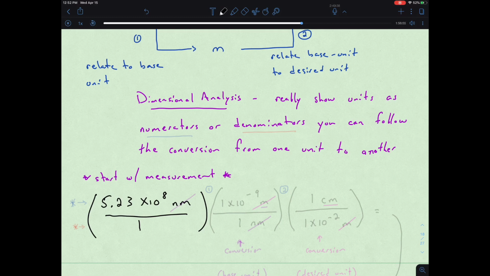I have my denominator, which would be on the bottom, and then I have my numerator on the top. And that's going to be important for watching these things cancel out. So step one was going to meters.